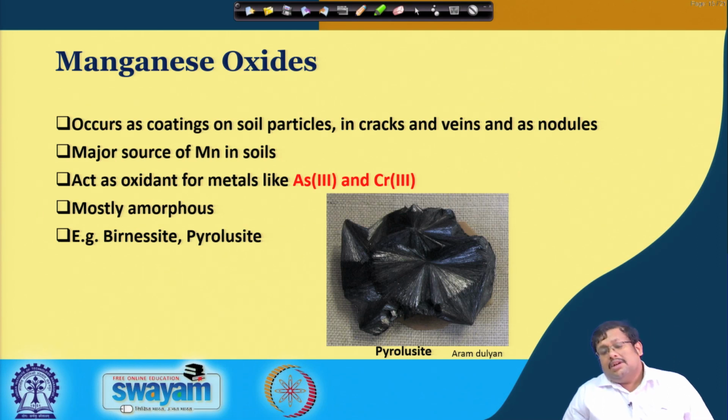Manganese, as you know, is one of the major plant micronutrients. They act as an oxidant for metals like arsenic or chromium, and they are mostly amorphous. Examples are birnessite as well as pyrolusite. So, this is an example of pyrolusite, which is one of the most prevalent manganese oxides in the earth crust.